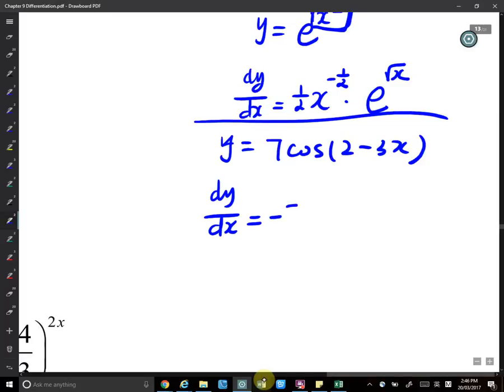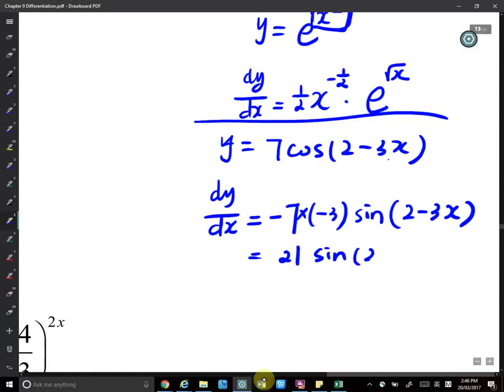So you have negative 7. And then you derive the things inside. What do you have? It's negative 3. You times negative 3. And cosine becomes negative sine, you already have the negative in front. So that's sine (2 minus 3x). That gives you 21 sine (2 minus 3x).